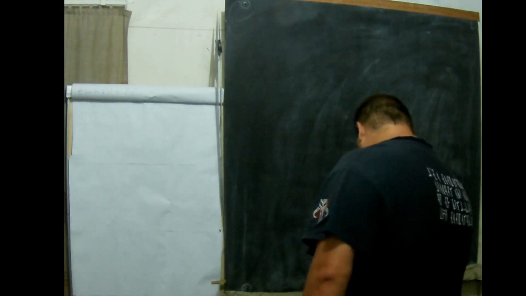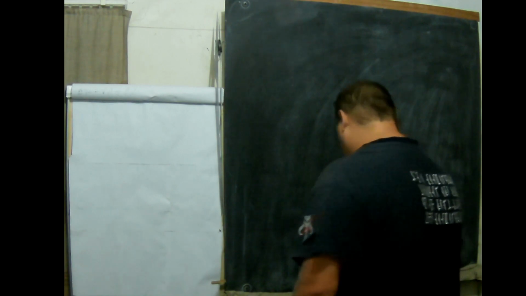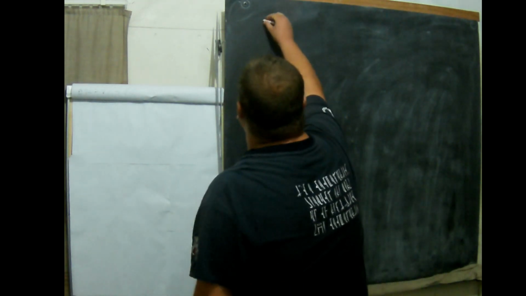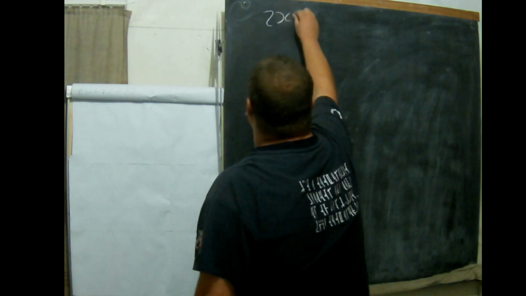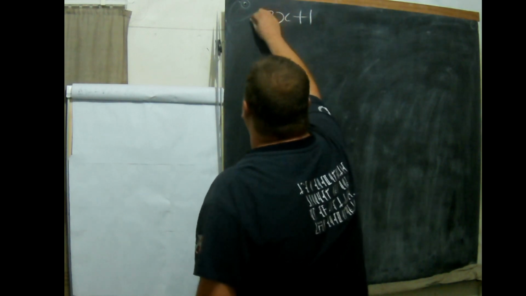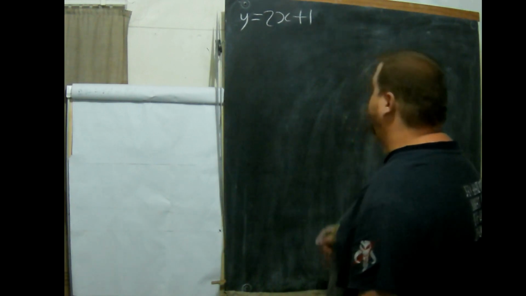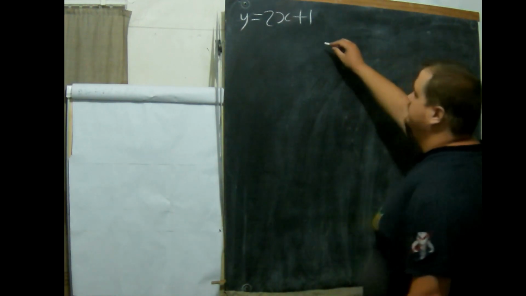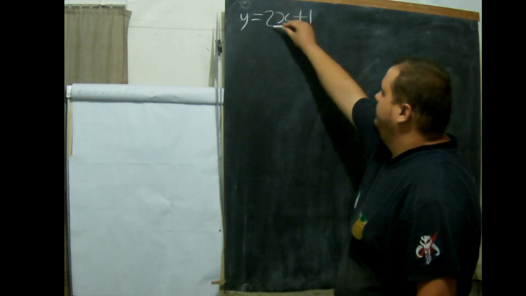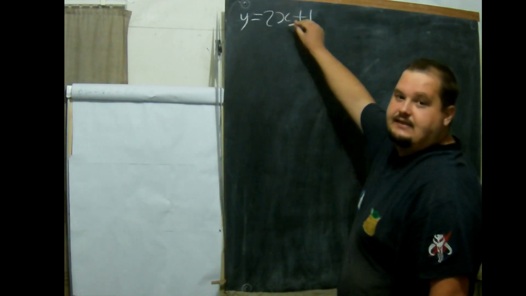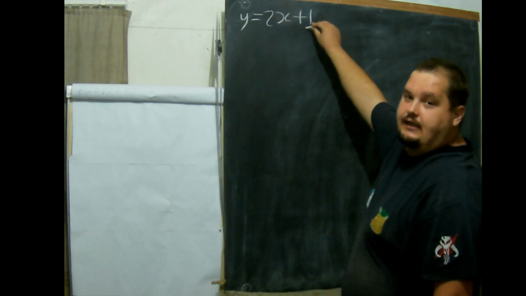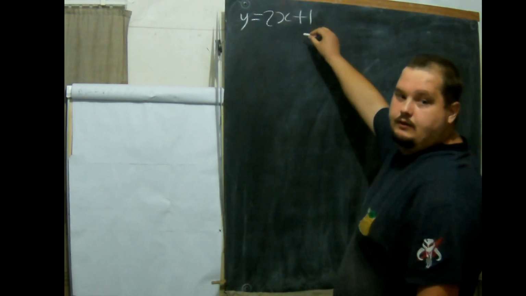Okay, our next sum goes like this. It is y equals 2x plus 1. So how this graph works is y is equal to mx plus c. Your plus c is your y-intercept.